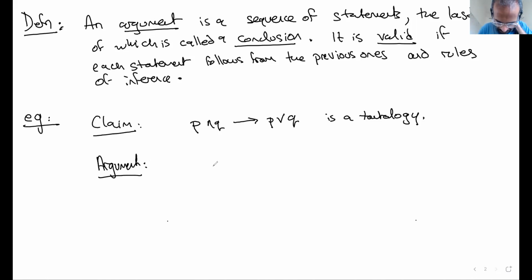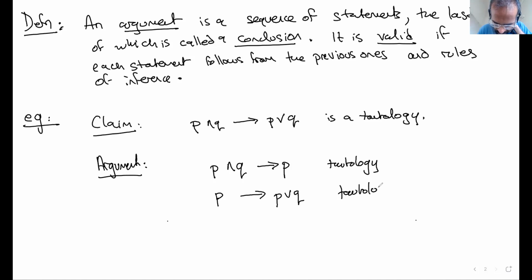Well, I have that P and Q implies P. That's a tautology. That's already a rule of inference. I believe this has a name. It doesn't matter, but it's kind of obvious. Then I have P implies P or Q. This is also a tautology.